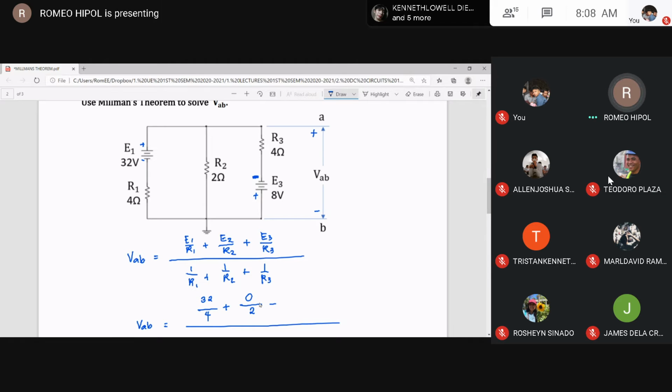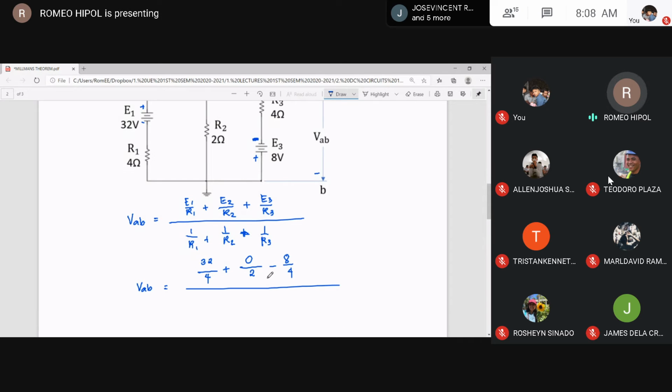So, meaning, instead of positive, we're going to set the sign as negative. So, for E sub 3, we have 8 volts divided by R3. R3 natin is equivalent to 4.